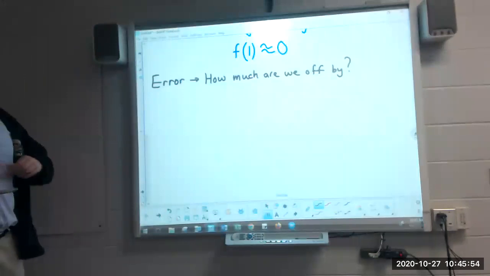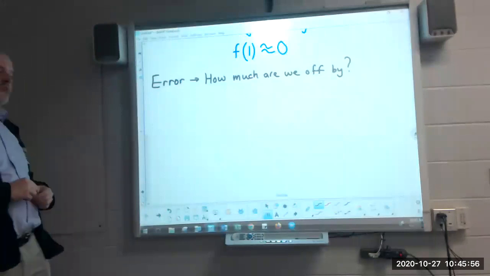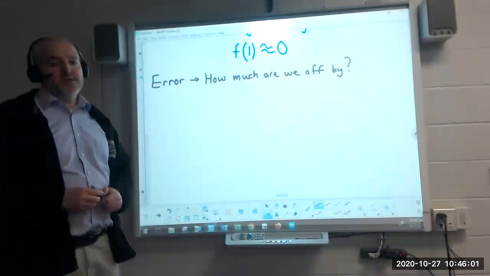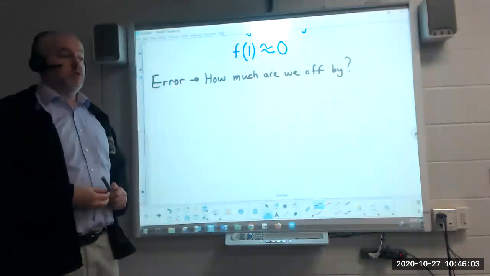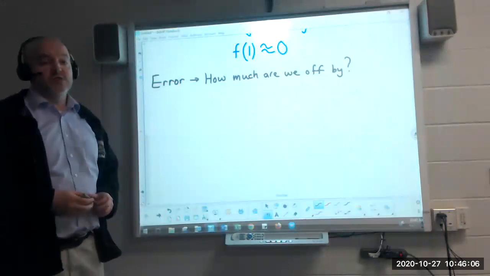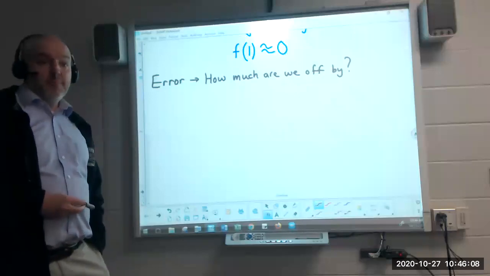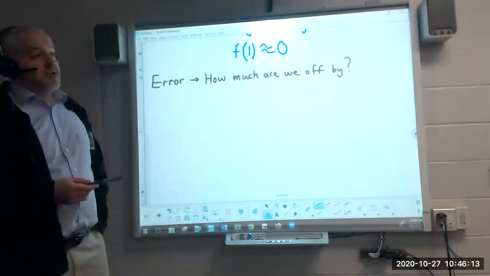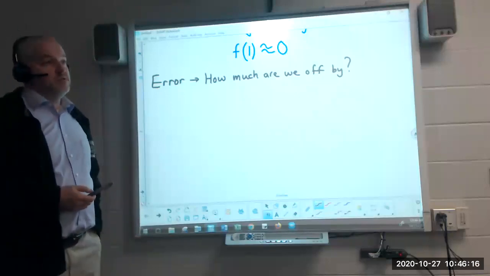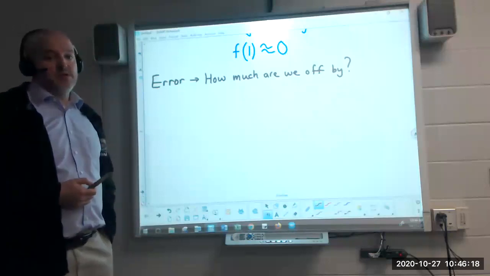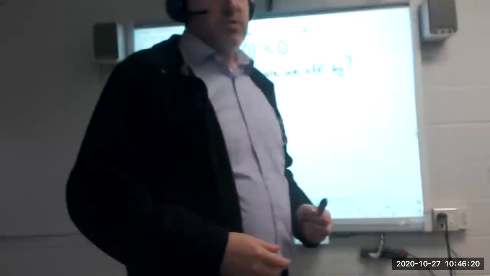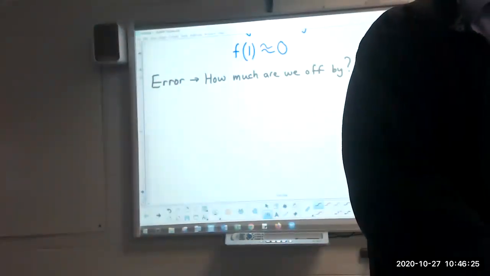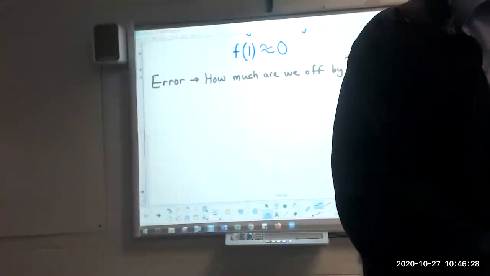So this is the same type of error consideration that you do in any class. You do this a lot in experimental science. I would be willing to guess that all of you did some of the same labs I did when I was growing up, where you try to use things to approximate the acceleration due to gravity, and you'd have error because A, you're humans and you don't react perfectly, and B, you have technology that doesn't work out perfectly, and regardless, there's going to be some error. So we're talking about the same type of error.